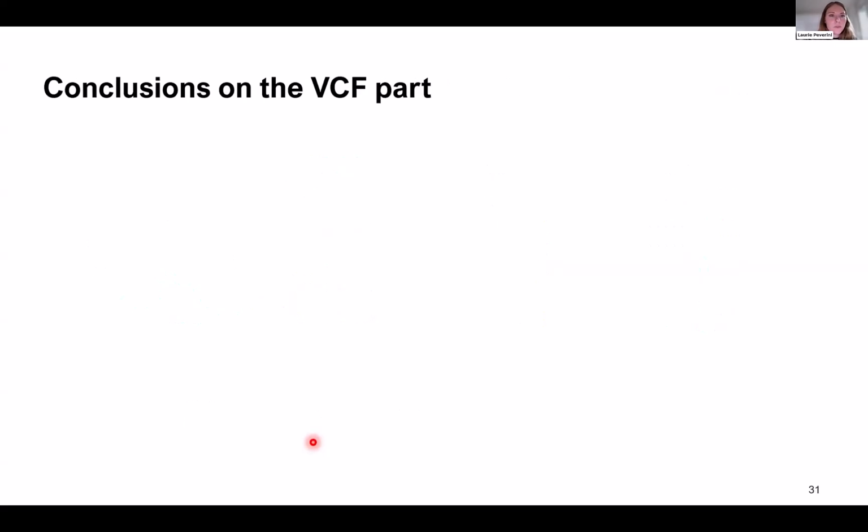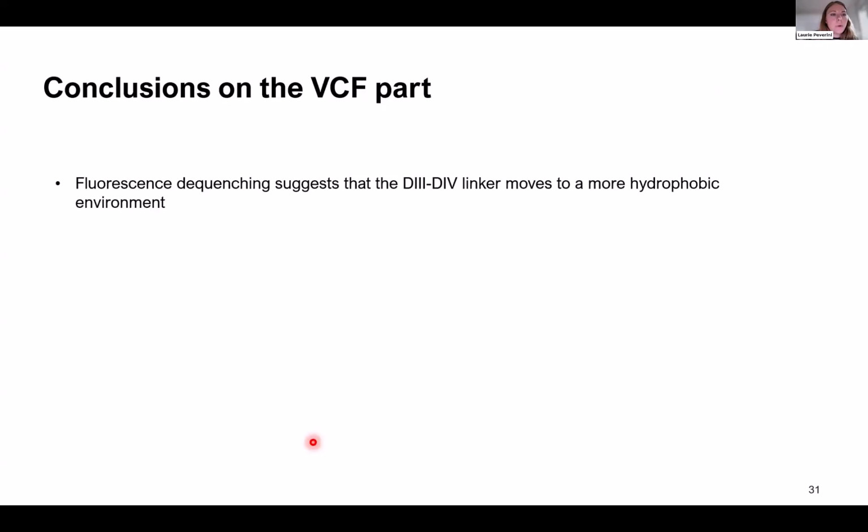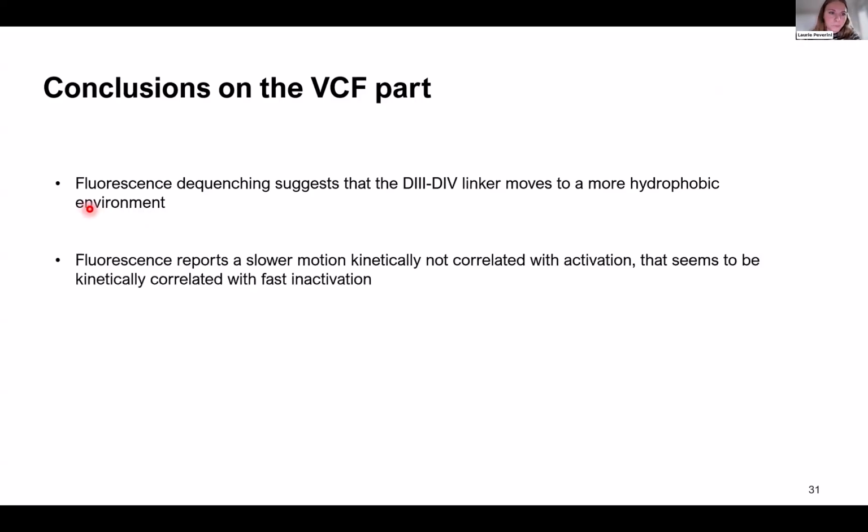To conclude on this VCF part, we have been able to follow a fluorescent dequenching for our constructs, which suggests that the D3D4 linker moves to a more hydrophobic environment. And this is coherent with the fact that the IFM is going to a hydrophobic pocket.